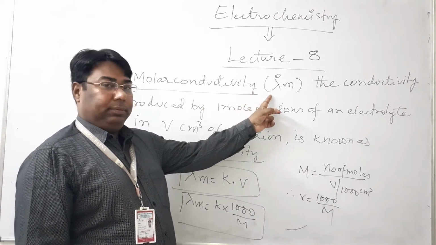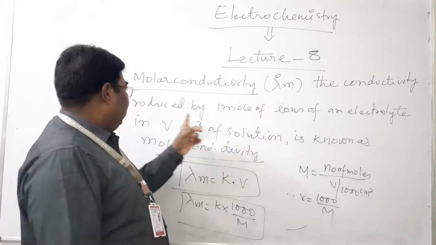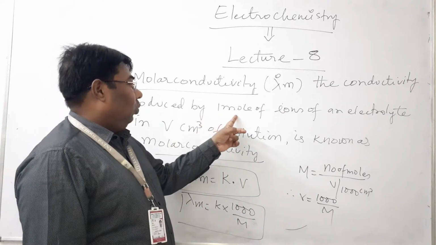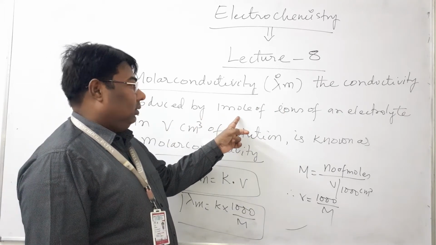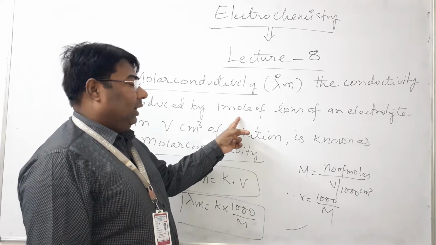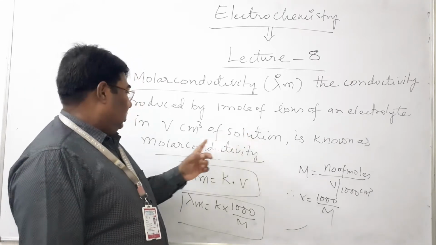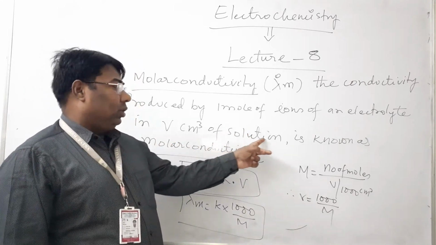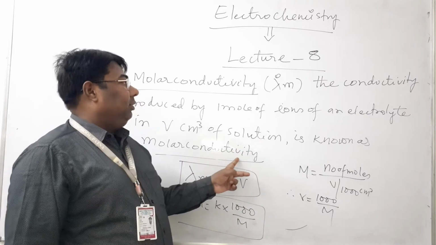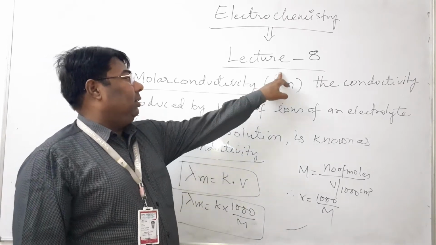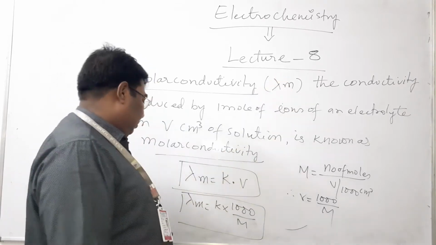lambda m. The conductivity produced by 1 mole of ions of an electrolyte in V centimeter cube of solution is known as molar conductivity, and it is represented by lambda m.